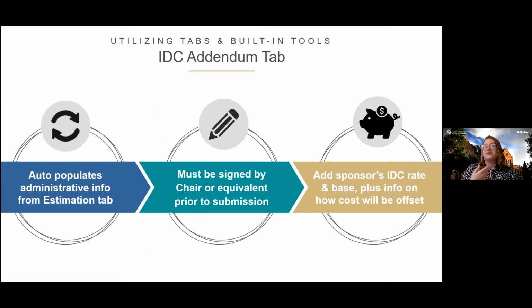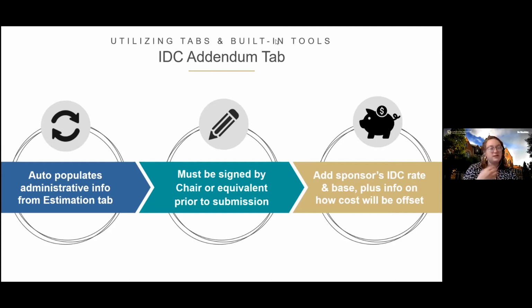If we're working with a foundation, a nonprofit, we'll often see this. They'll ask us to do 10% of our total direct costs for our indirect cost. And so in that case, we need to have sign off from the appropriate department personnel to okay moving forward.